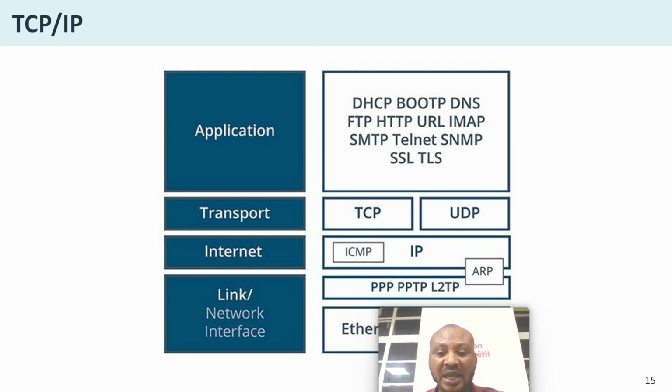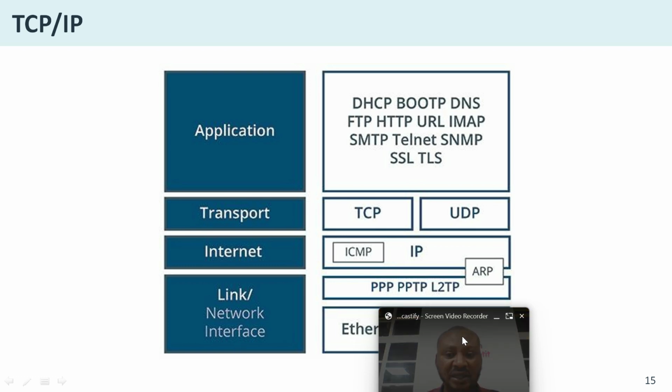By layered approach, I mean that it's been broken down into simpler methods that help to simplify and ease communication. So what we have here is a four layer approach. The first one is the application layer. The second layer is transport. Then we have the internet and the link, or network interface, layer.